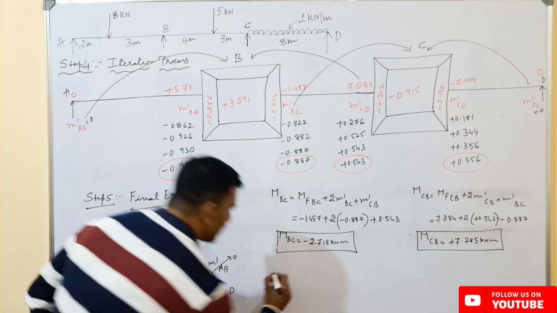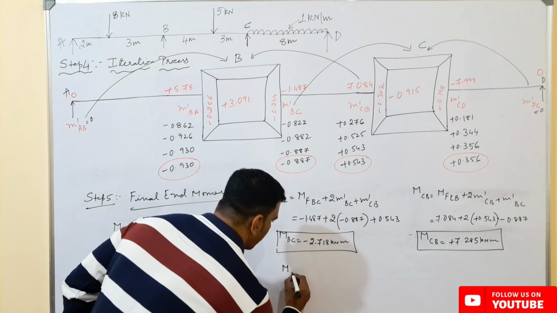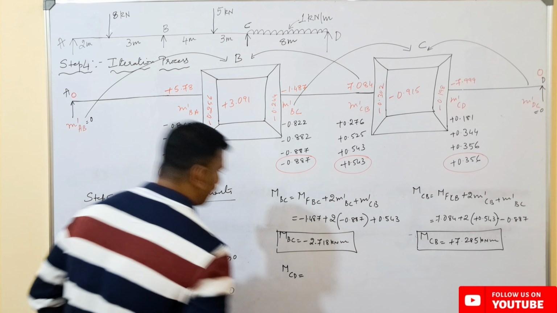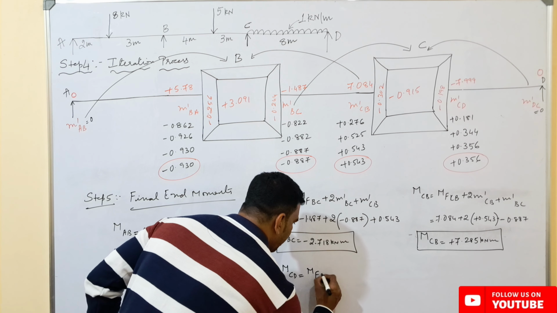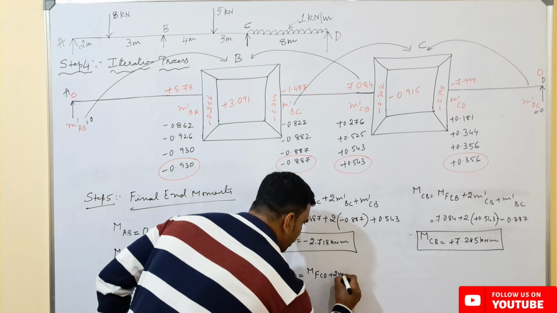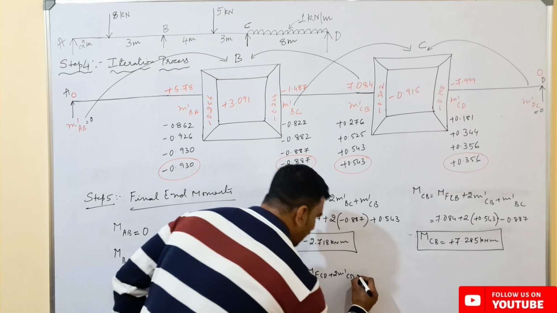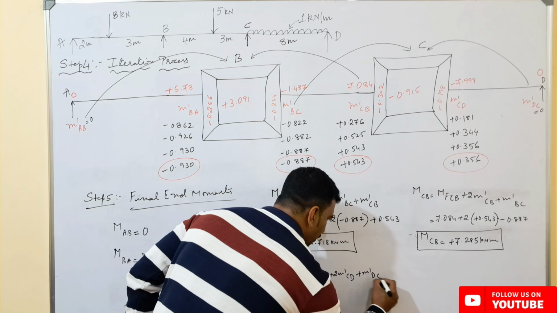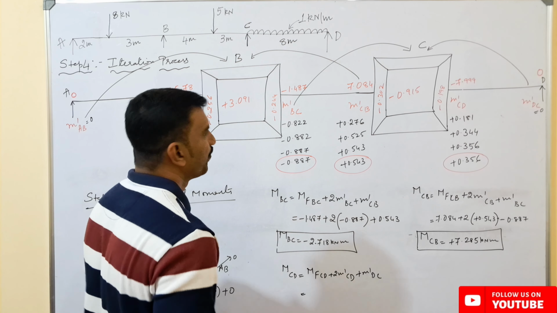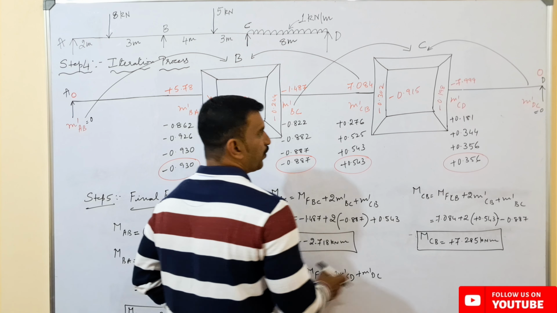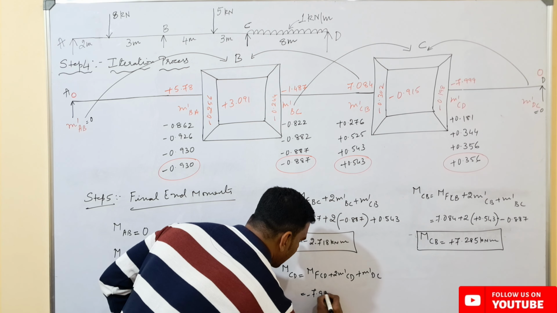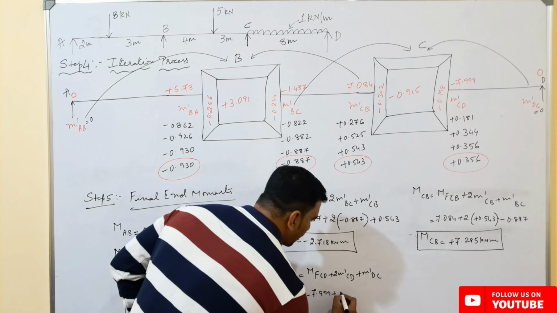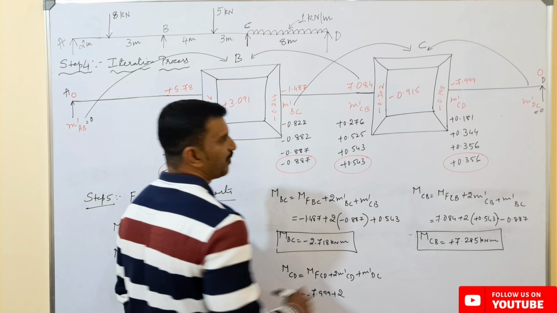So now final end moment from C to D. So here fixed end moment from C to D plus 2 times rotation contribution about the near end plus 1 times rotation contribution about the far end. So here fixed end moment from C to D, the value we have got, which is minus 0.7999 plus 2 times rotation contribution M'CD.